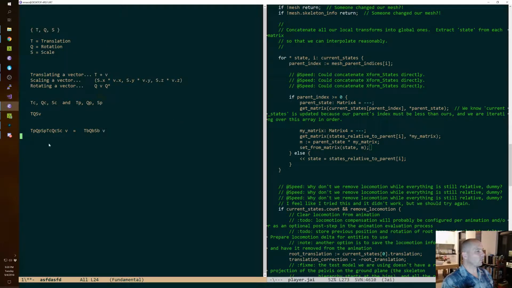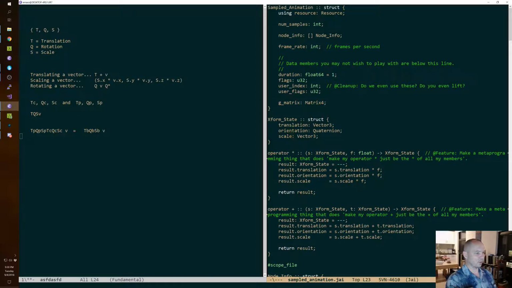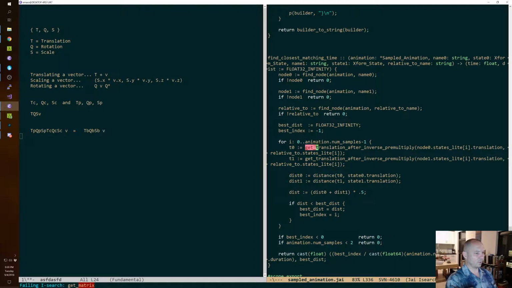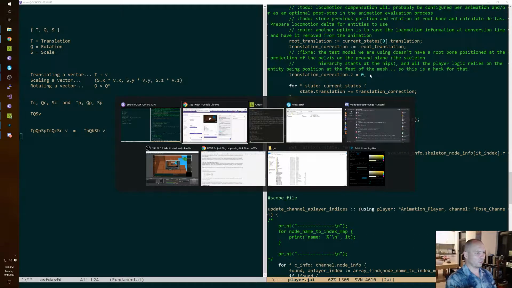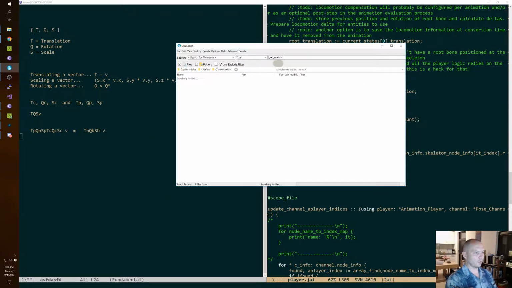So does anyone have questions about this while I go and verify the order of these operations? Get matrix. Really? Where is it? It's in channel.